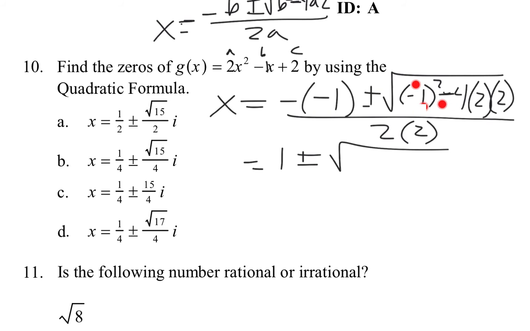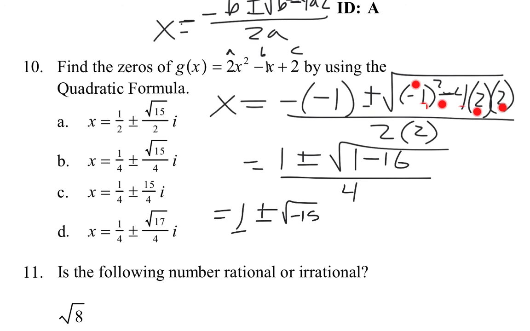Then we have a minus, but 4 times 2 is 8, times another 2 is 16. So really this is 1 minus 16 over 4. Well, that means that we get 1 plus or minus square root -15, and they're both over 4.